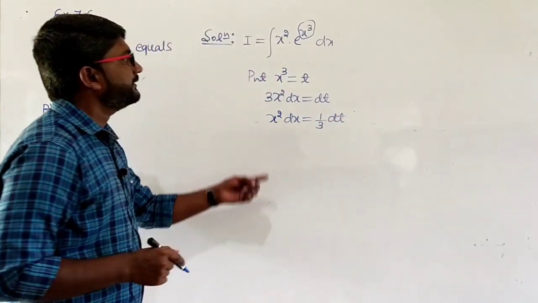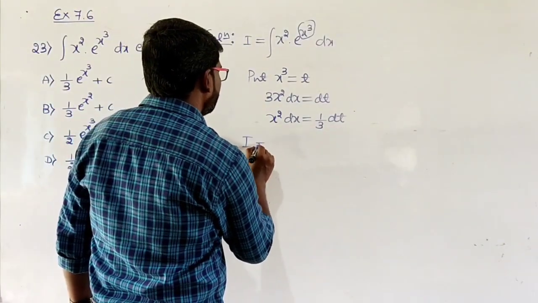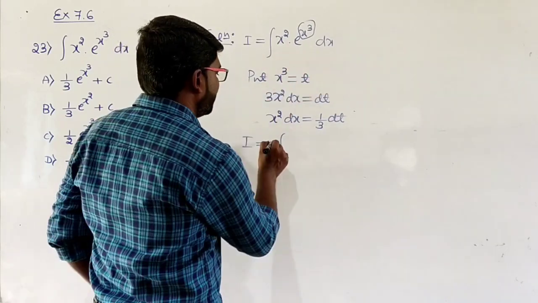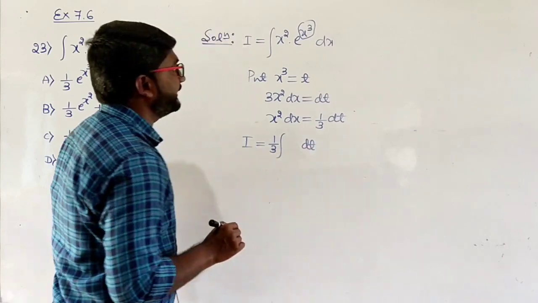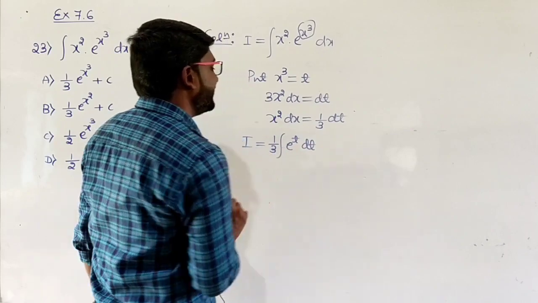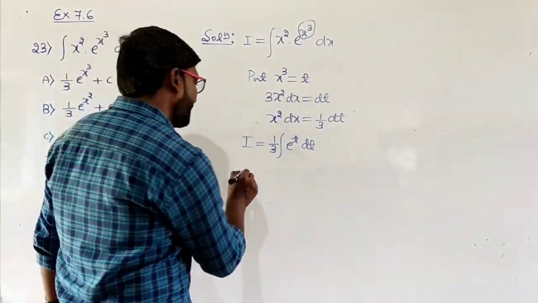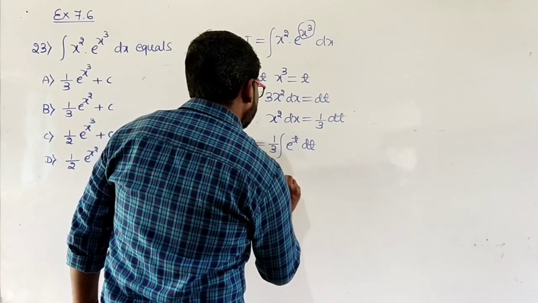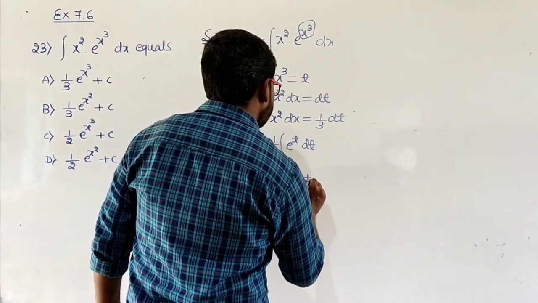So rewrite the integral now. I equals integral, x square dx is going to be 1 by 3 dt, and then it becomes e power t. So what is integration of e power t with respect to t? It is e power t itself. I equals 1 by 3 then e power t plus c.